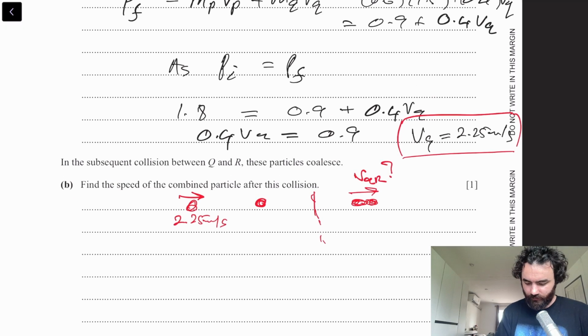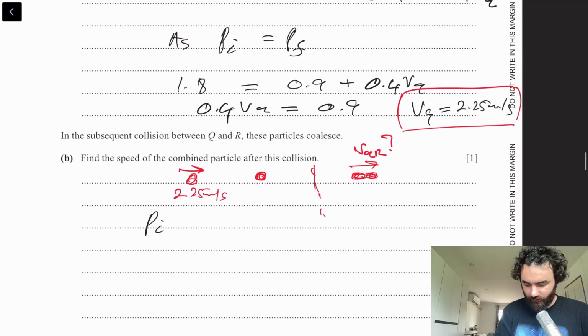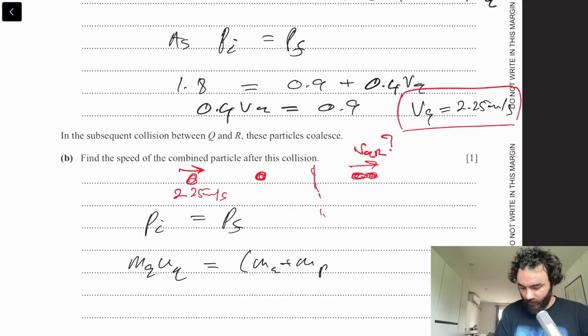Which we can definitely do. So the initial momentum equals the final momentum. The initial is our Q, so MQ times UQ equals the final, which will be MQ plus MR times VQR, the velocity together.